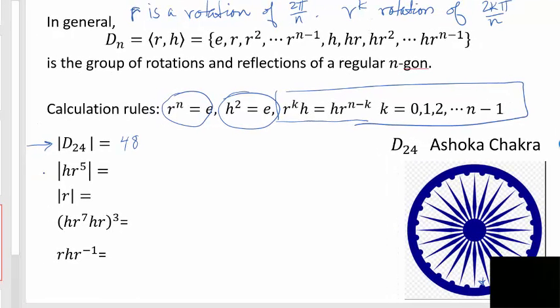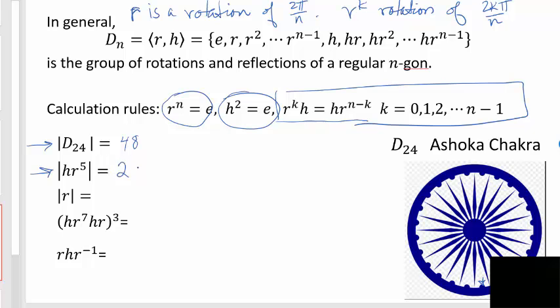Now this means something different. When you put the absolute value signs around an element of the group, it means the order of the element. And that is the smallest positive exponent on HR to the fifth that will give you the identity. So the order of HR to the fifth, we know that's a reflection. If it has one H in it, it's a reflection.